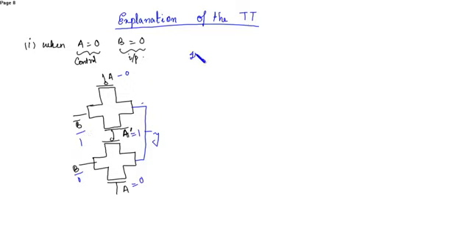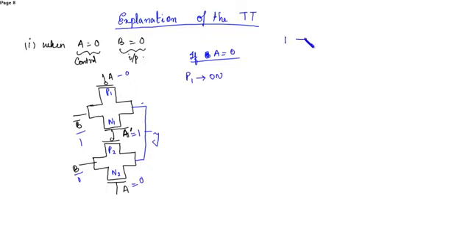Here the control signal is A. So if A is 0, then suppose this is P1, N1, this is P2 and this is N2. So P1 will be on.